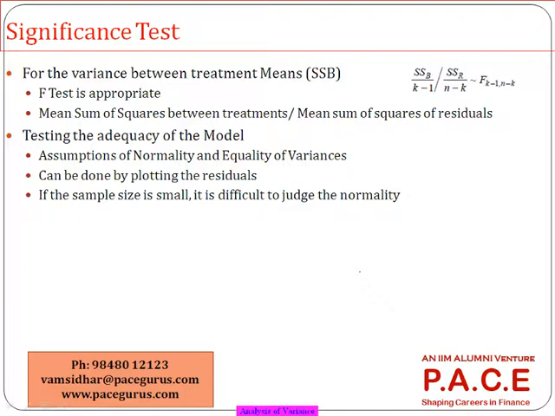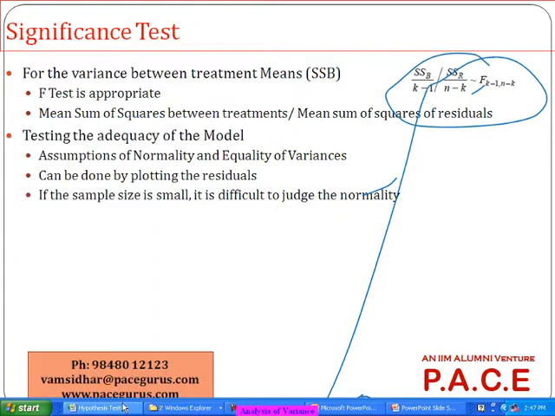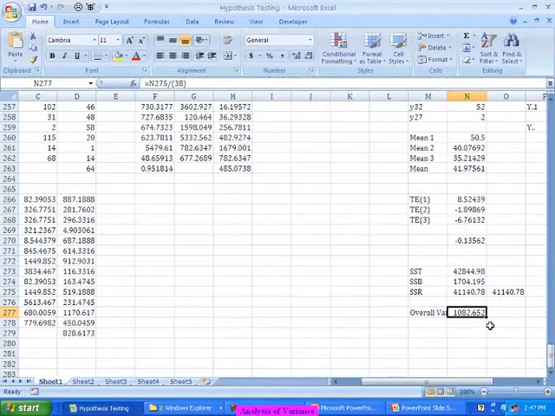To test for the significance, we are employing a test statistic: the between sum of squares by k minus 1, divided by the residual sum of squares by n minus k. The residual sum of squares by n minus k we have already found out, which is nothing but the overall variance.